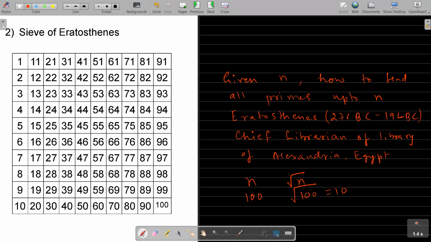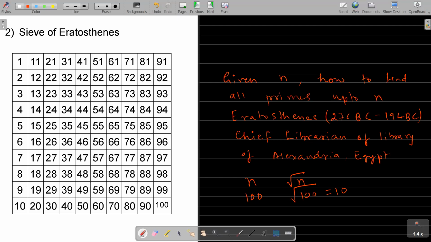Okay, so let's see what his method was. The method is simple, but very ingenious. And of course, nowadays there are many other methods to find primes, and people make use of various apps, calculators, computers, etc. for finding primes.